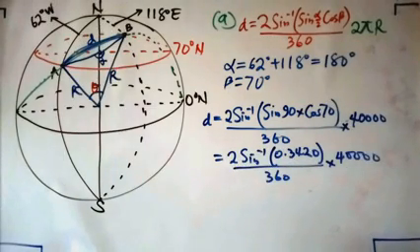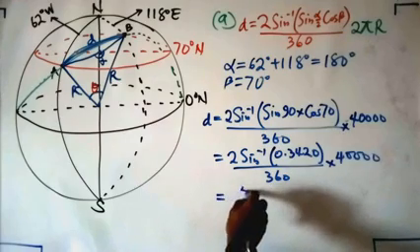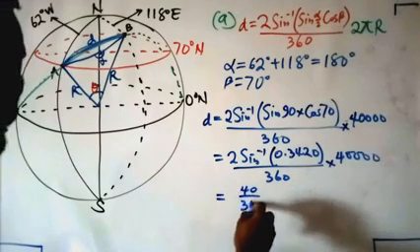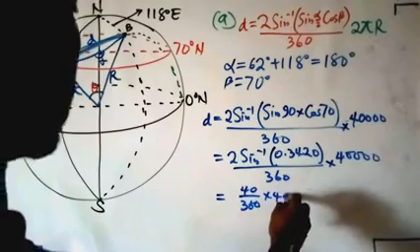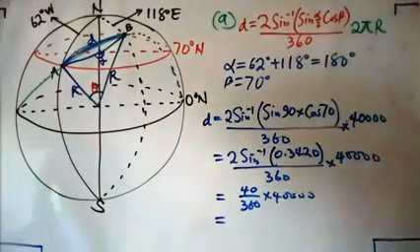You have 2 times arc sine of 0.342. That gives us 40. So this is 40 up here. 40 over 360 times 40,000. So let's see what that will give us when we calculate it.